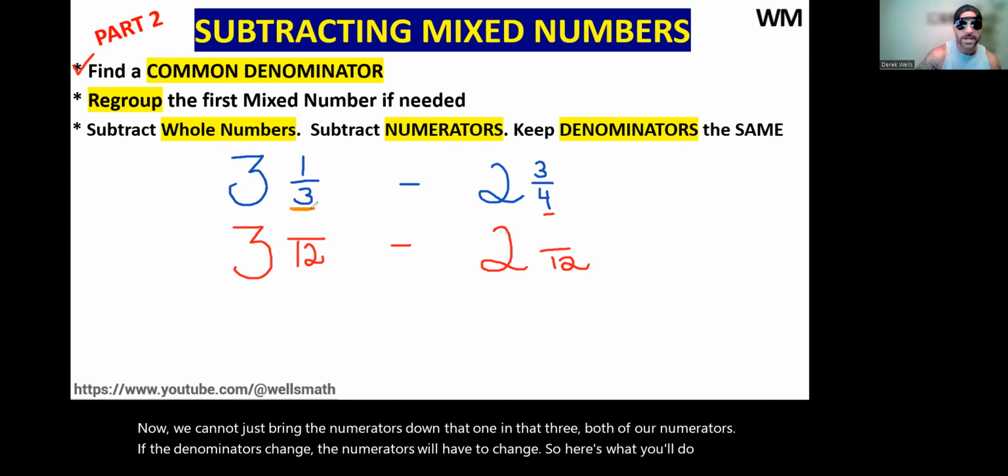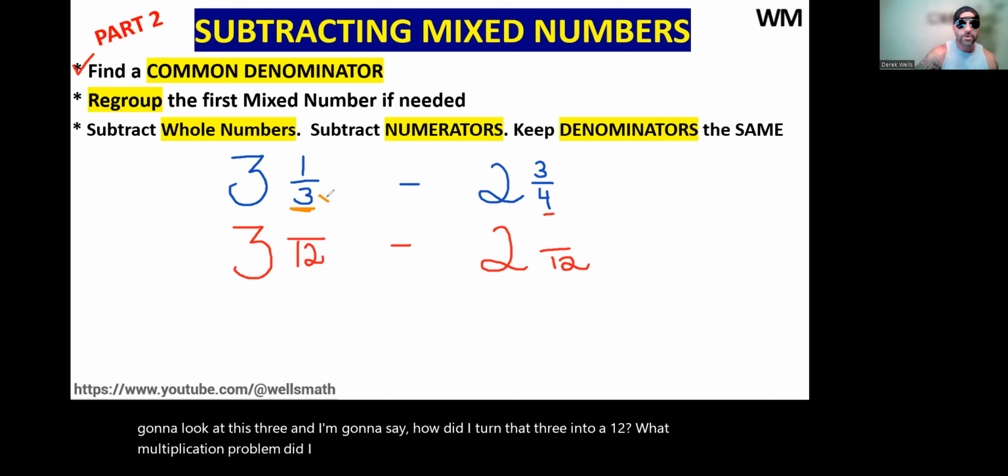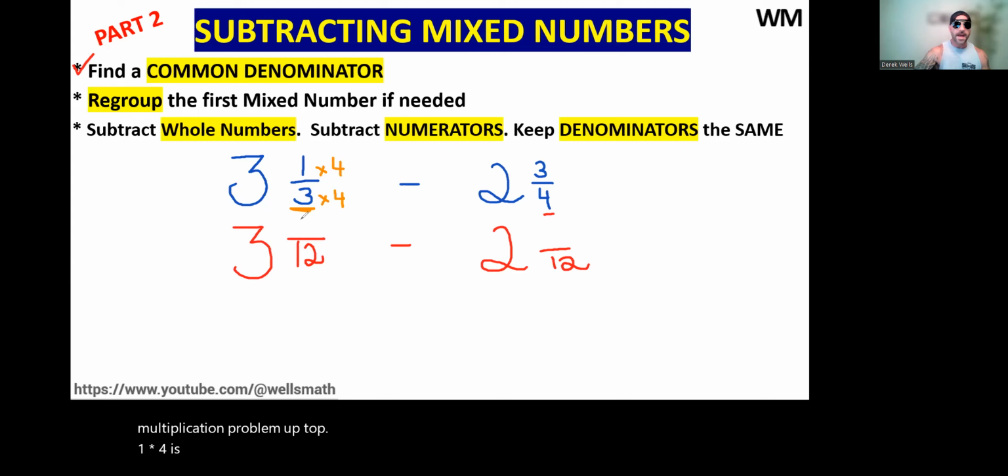We're going to look at this 3, and I'm going to say, how did I turn that 3 into a 12? What multiplication problem did I do? Well, 3 times 4 equals 12. So now I'm just going to do the same multiplication problem up top. 1 times 4 is 4, so I will bring that down. 3 1/3 is the same thing as 3 4/12.